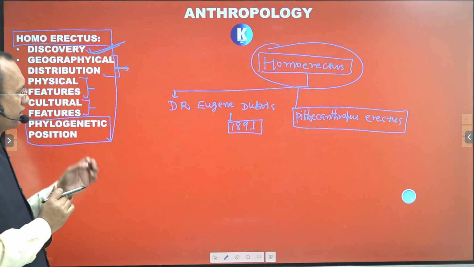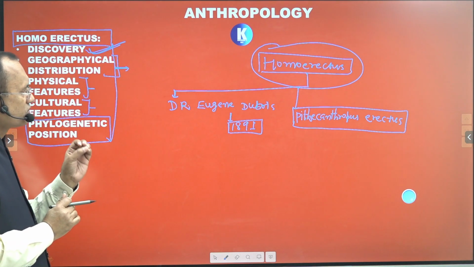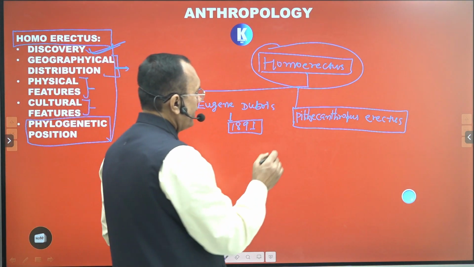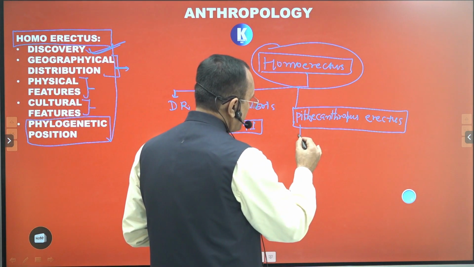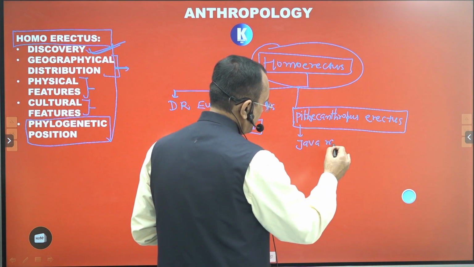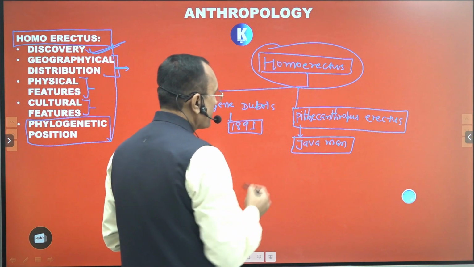So you have to talk about their discovery, that it was first discovered by Dr. Eugene Du Bois from Java, and therefore it is also known as Java man, right?